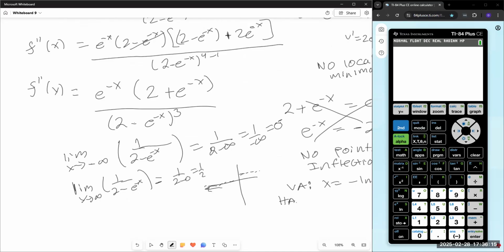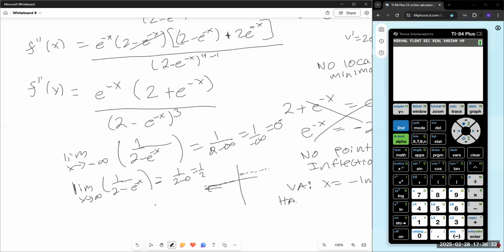So on the right-hand side, we're getting close to 0 from the top, a number slightly bigger than 0.